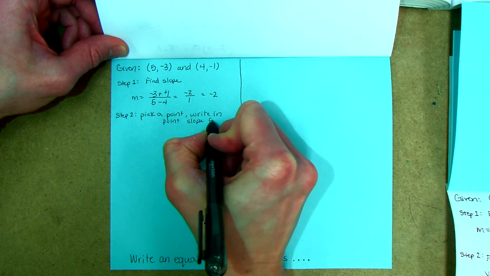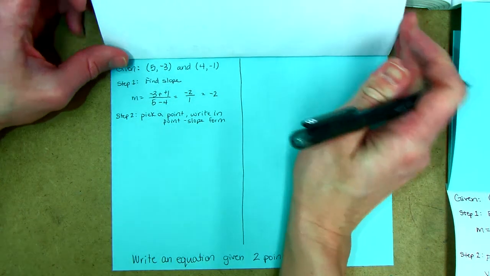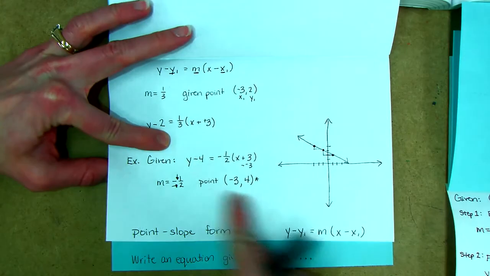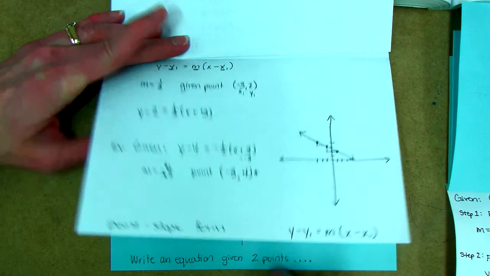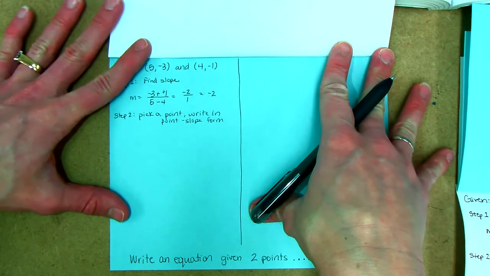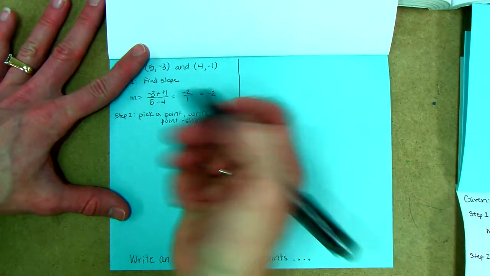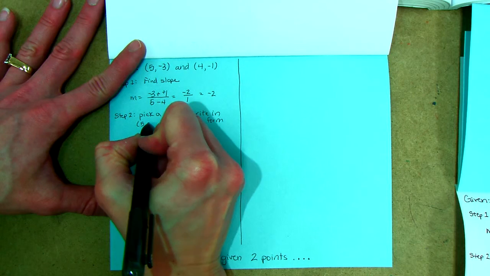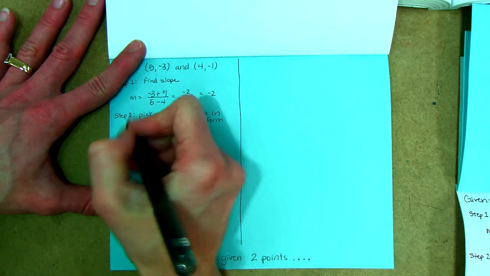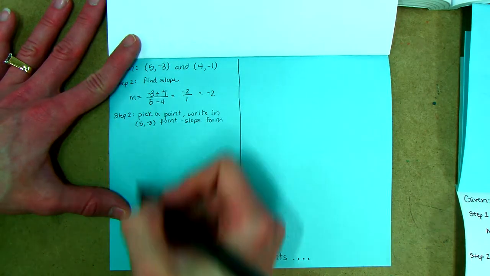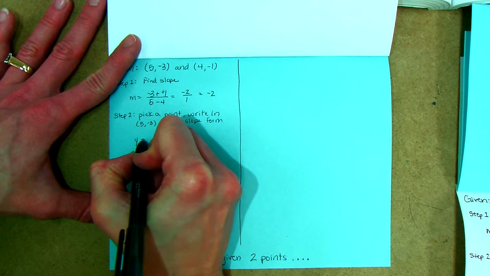Okay, so it doesn't matter which point you pick. I'm just going to pick the first one. So my point's going to be (5, -3). Our slope was -2. So I've got y minus a -3, which will be plus, slope is -2, parentheses, x minus 5.